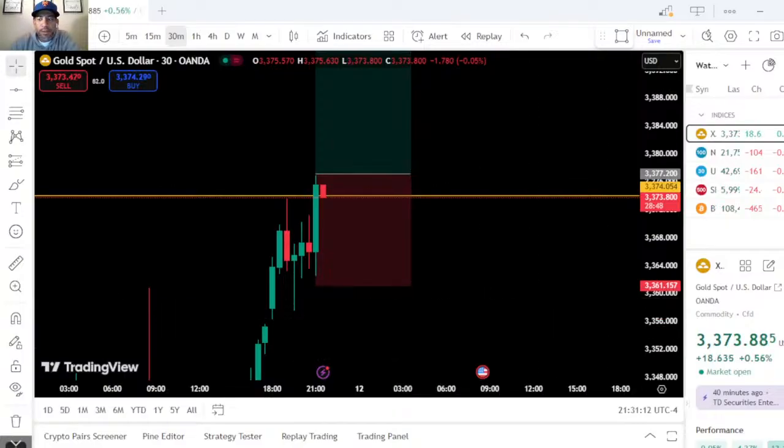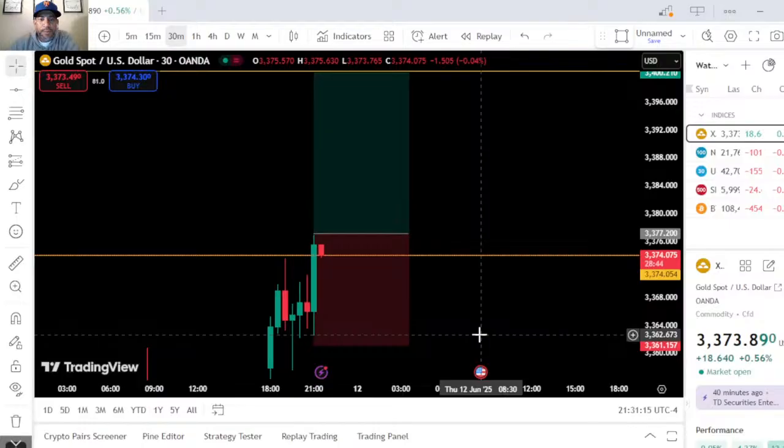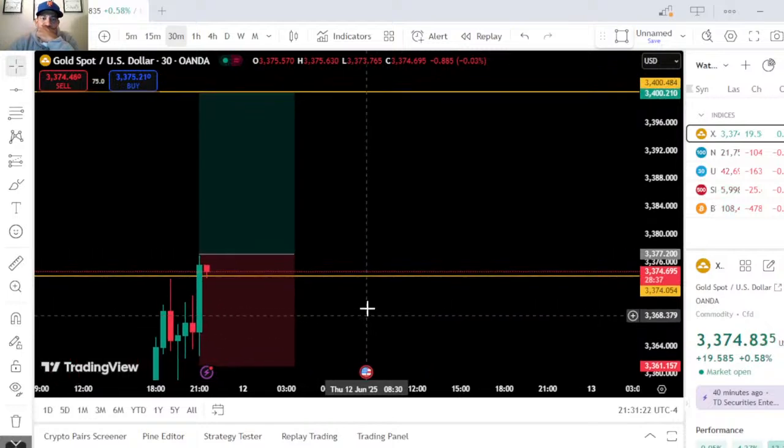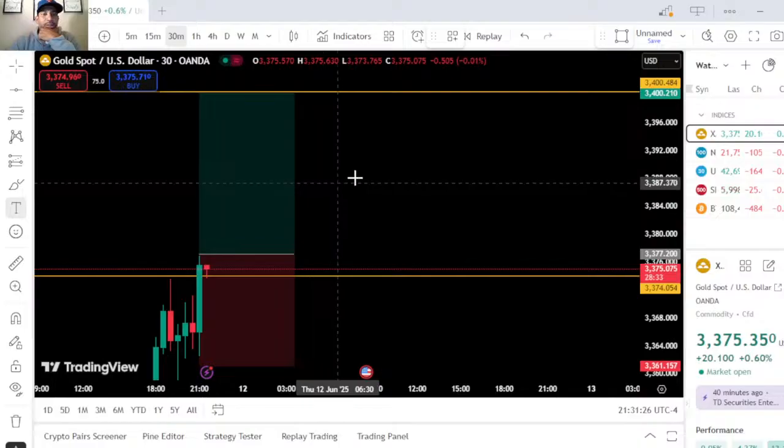Oh, this is a good bottom wick. All right, buy stop set on gold here.